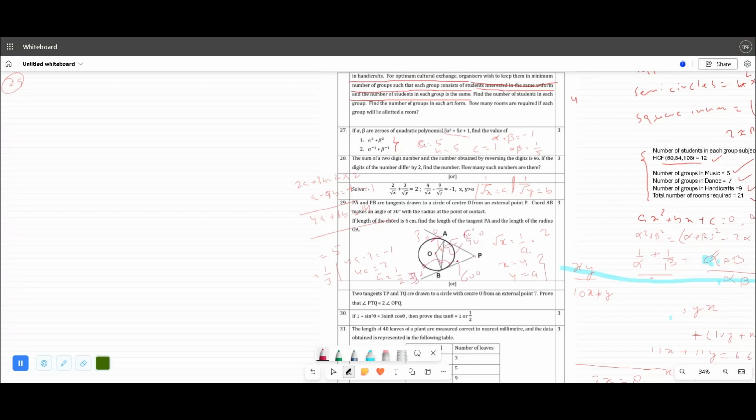That means in triangle APB, both the angles are 60. It is PAB is equal to PBA is equal to 60.